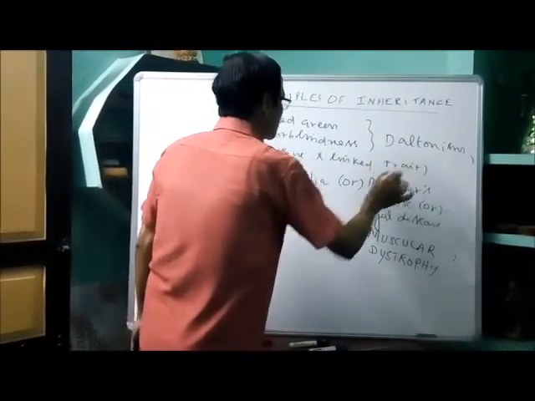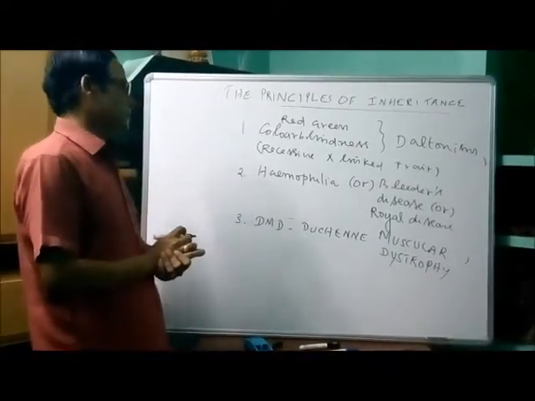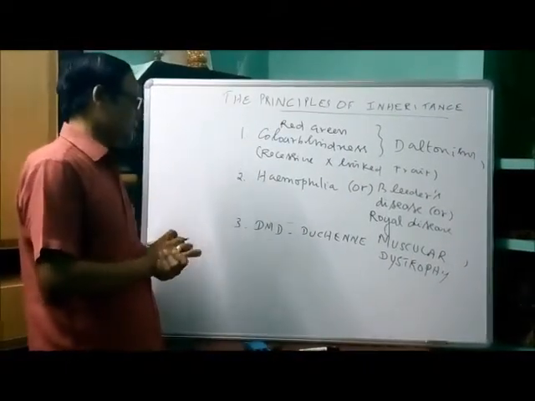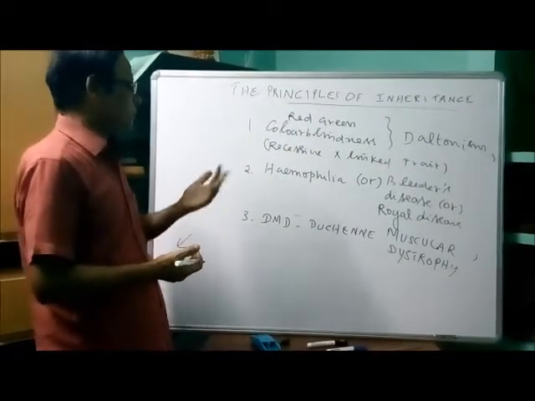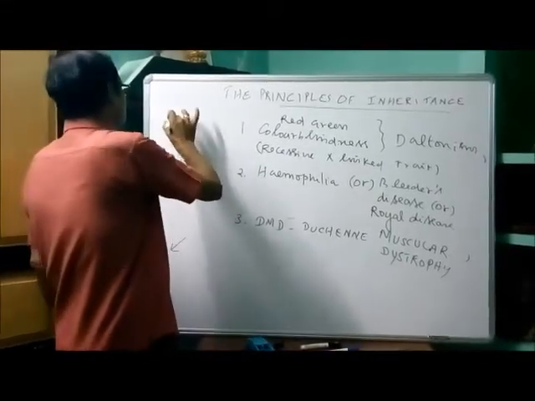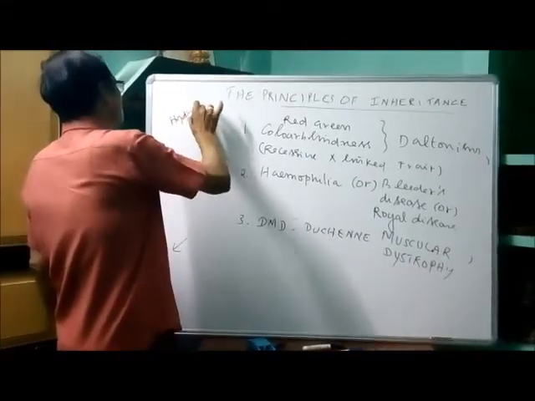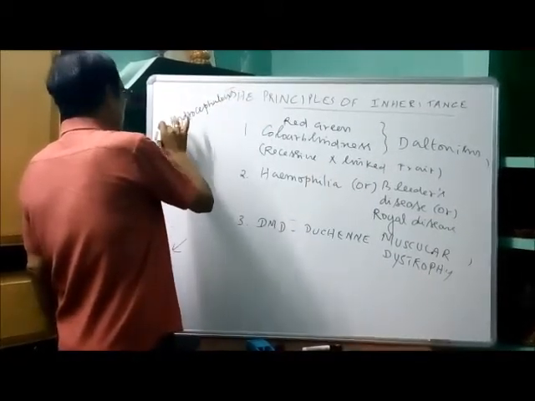When the gene is present in recessive form, it results in color blindness, or hemophilia, or we have DMD. In addition to that, we also have some more diseases. For example, hydrocephalus, another disease. This is the fourth one.